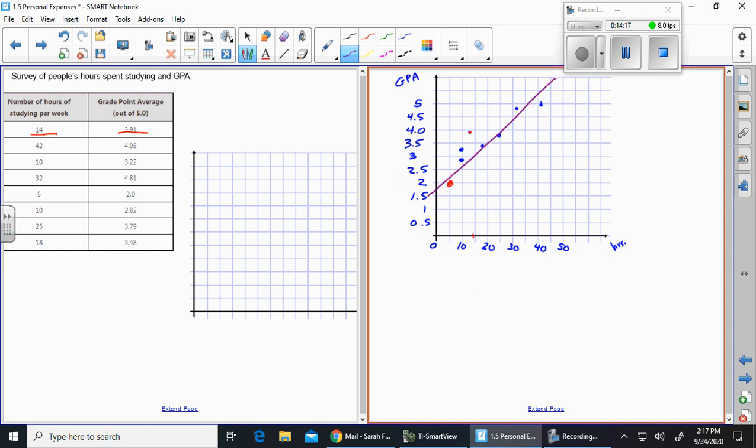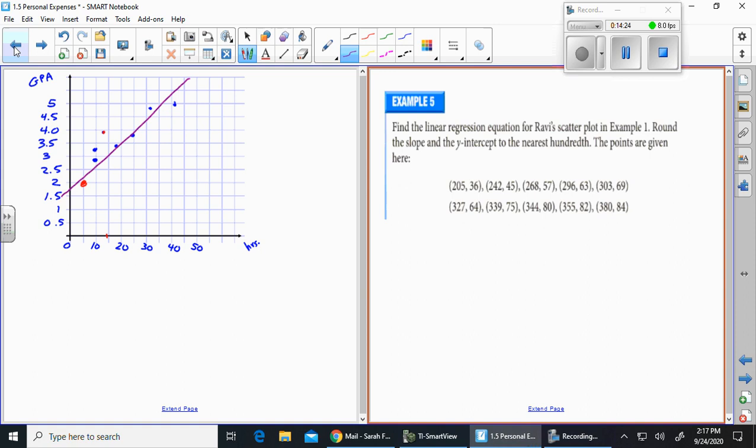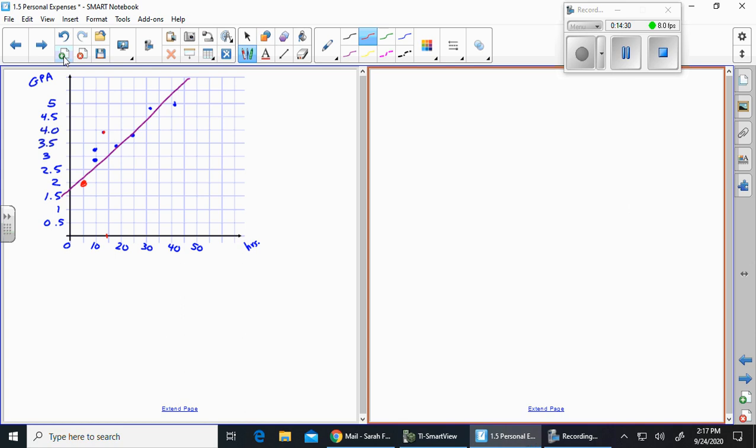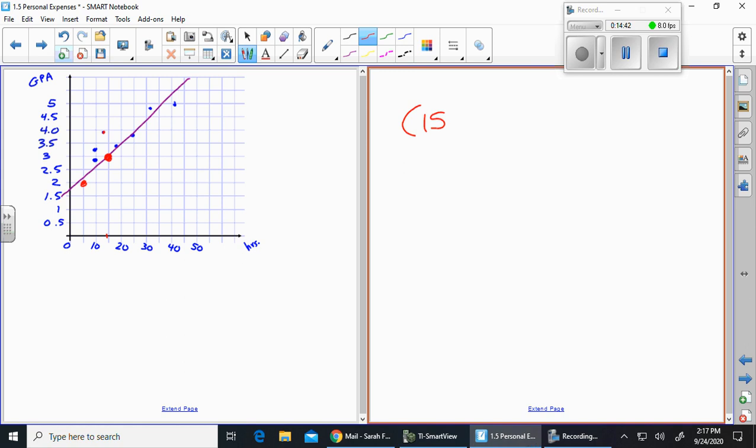Now I got to do the math. So in order to do the math, I'm going to move that off and go back and put it after this so I can show you the math there. I need to pick 2 points on my line. Now you notice I don't really even have any of the dots, but this would be a nice number. 15 hours, I got a 3.0.